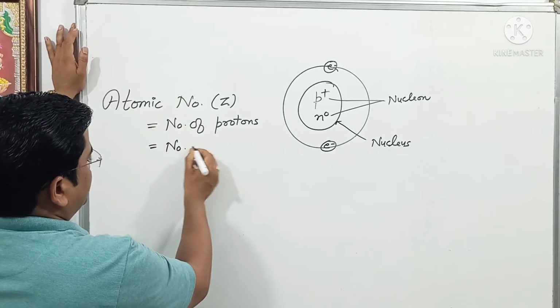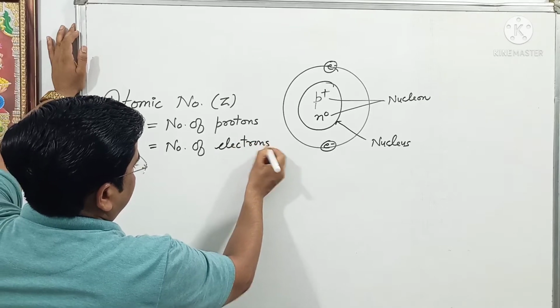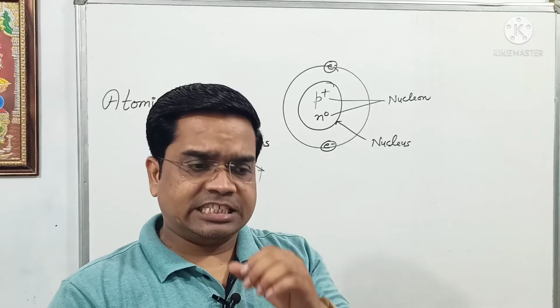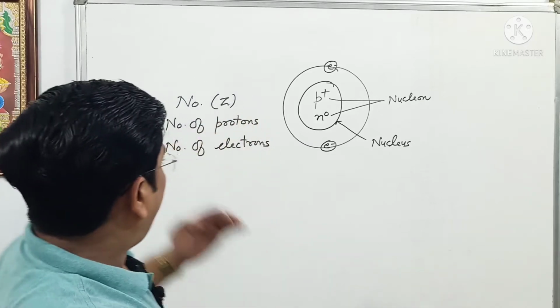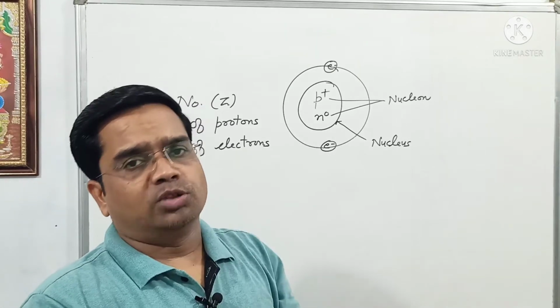That's why you can say that atomic number is equal to the number of protons which exist inside the nucleus, or atomic number is equal to the number of electrons which move around the nucleus.